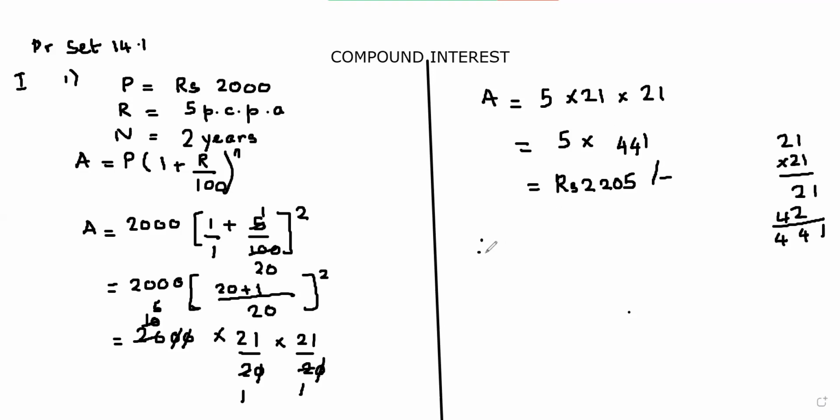Therefore, compound interest is equal to amount minus principal. The amount is 2205 minus 2000, which is equal to rupees 205.